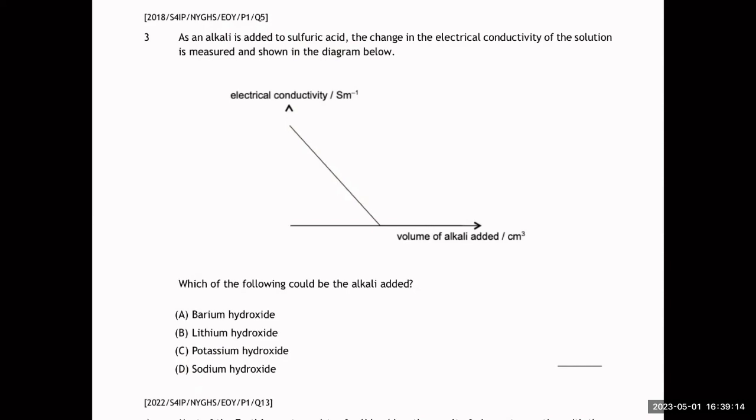That reduces the number of mobile charge carriers, therefore reducing electrical conductivity, until completion, when there are no more mobile ions and no electrical conductivity. So the answer here is A, barium hydroxide.